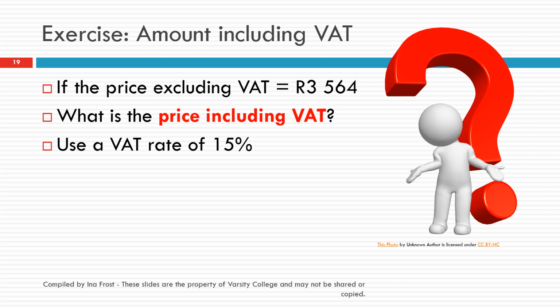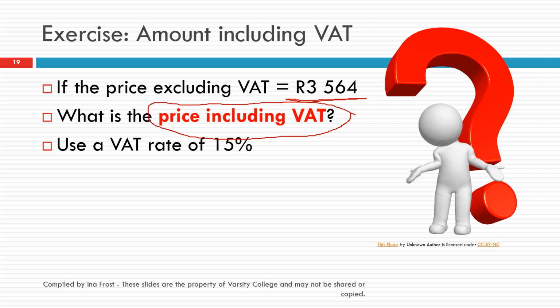Now here's one for you to try again on your own. Get your calculator ready and see if you can calculate the price including VAT if we give you a price excluding VAT of 3,564 rands.